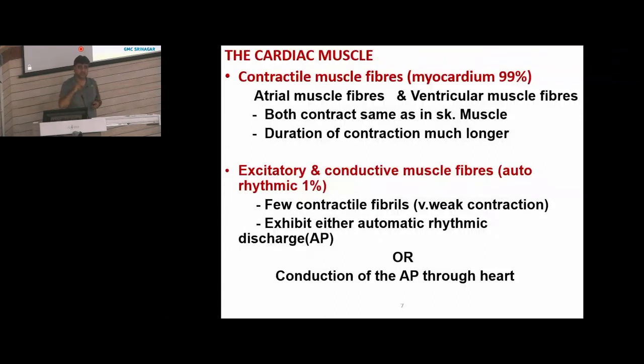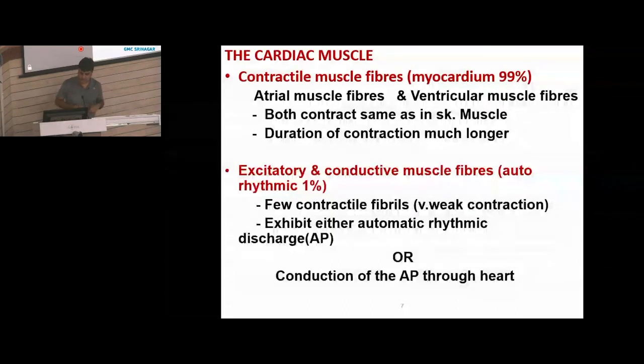They can conduct faster than the surrounding cardiac muscle fibers. So these specialized cells form the conduction system of the heart, which has two important properties: one is autorhythmicity, second is faster conductivity, right?